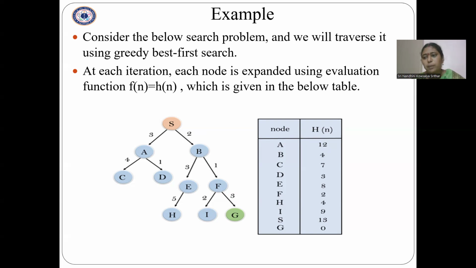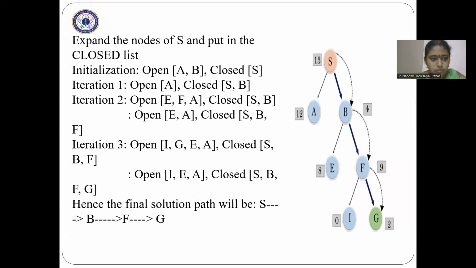Heuristic function is not the same as the path cost. Path cost is the cost between two nodes, but the heuristic function is the value given for the current state of the particular node, how far it is from the goal node. Based on this, we are giving the heuristic value.